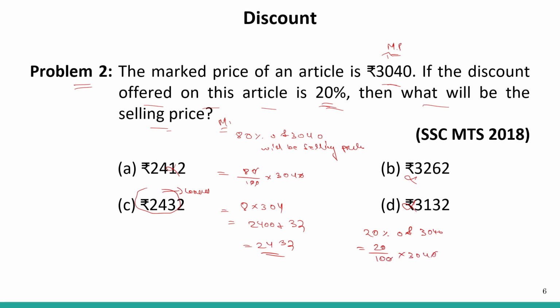Cancelling the zeros from numerator and denominator, we are left with 608. We will subtract 608 from the mark price. So 3040 minus 608 is equal to 2432, right? These two are actually the same answers, because the methods were different but the concept used was the same. This question appeared in SSC MTS 2018.